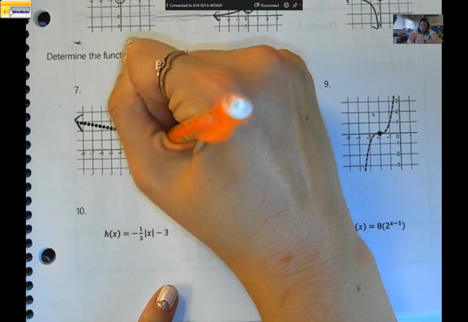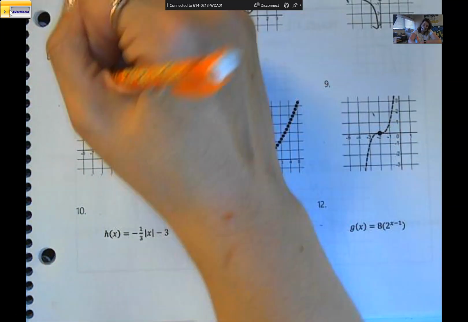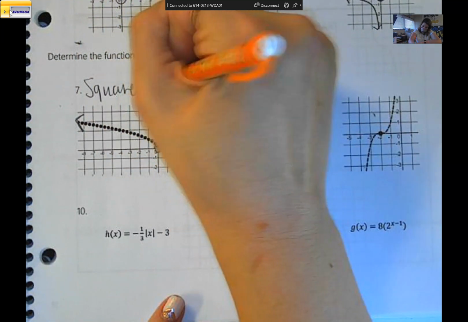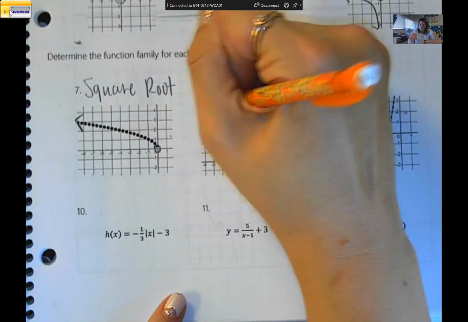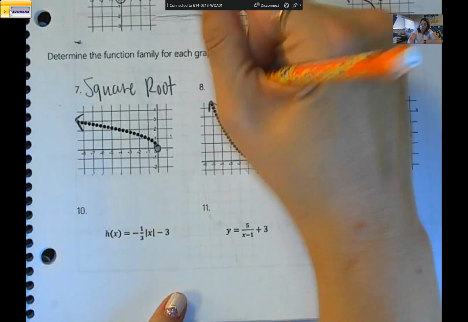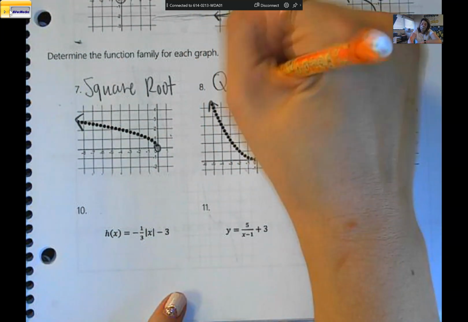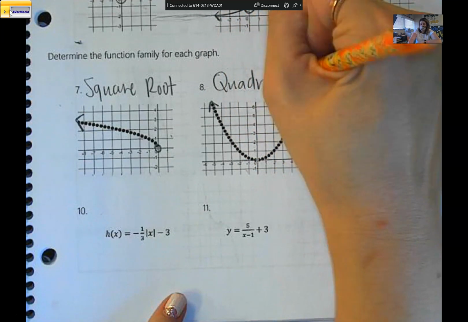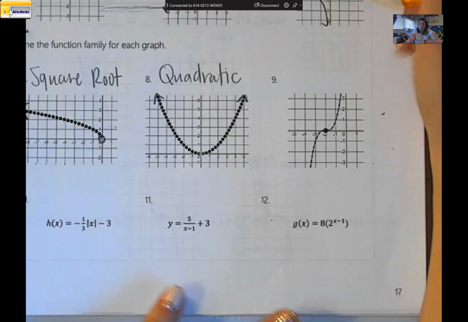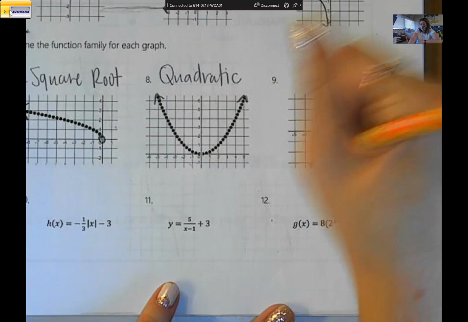Root, square root. Eight should be easy. What's this guy? Quadratic. He's the parabola. Nine is the cubic one.